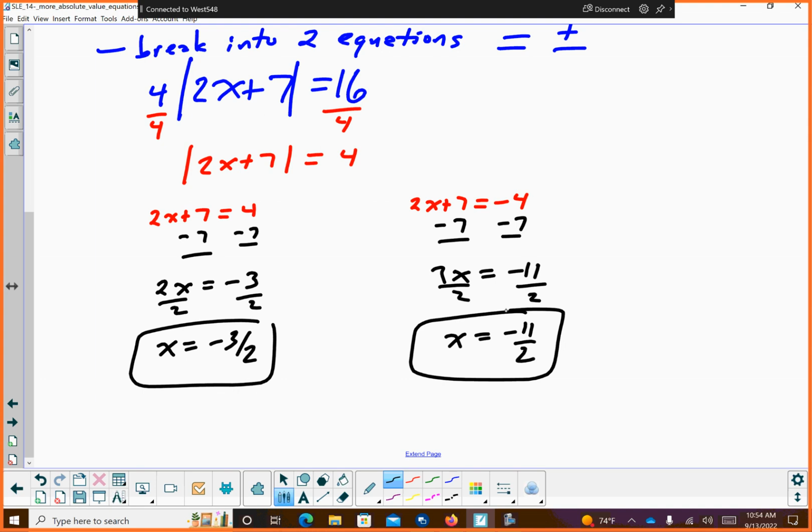Notice I don't have a critical value. The critical value on that problem would have been negative 3 over 2. And that's where you're asking about the fraction. That's where it could get ugly.